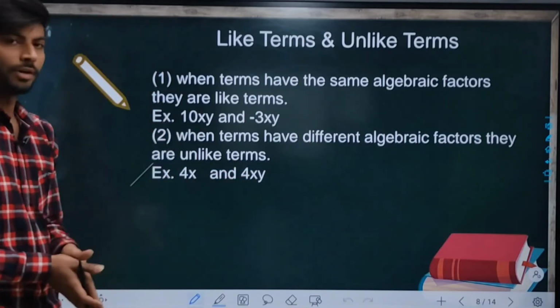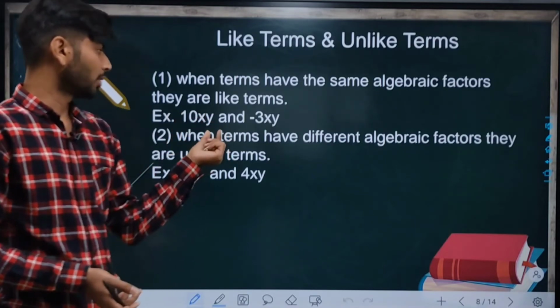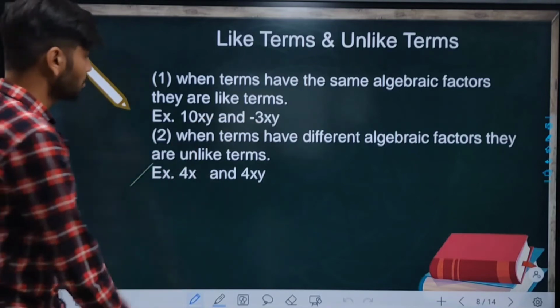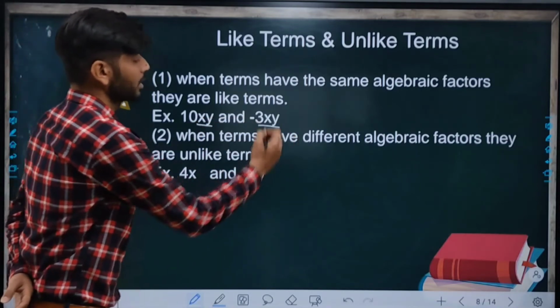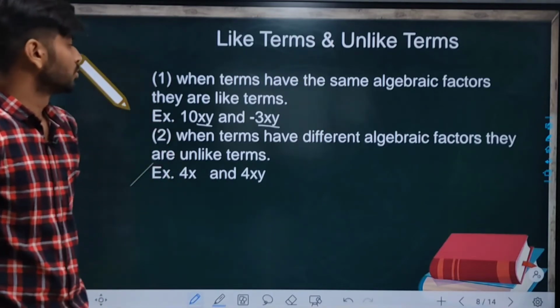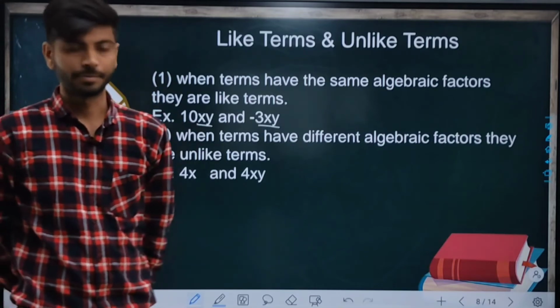The examples are given here. For like terms, you can see 10xy and minus 3xy. Both the terms have xy as the algebraic factors. So these two terms are like terms.